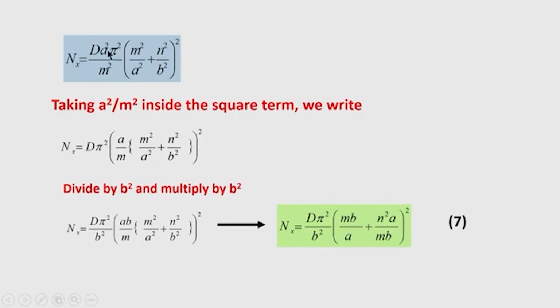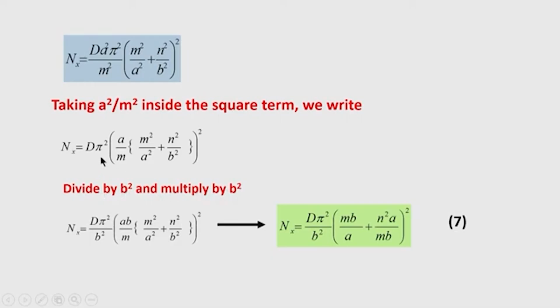So, taking a^2 by m^2 inside the bracket, here I get D π^2, and now I multiply the term inside the bracket with a by m, (m^2 by a^2 plus n^2 by b^2), and then the square of this term inside the bracket. Now, this quantity is divided by b^2 and multiplied by b^2. So, the equation is not changed.